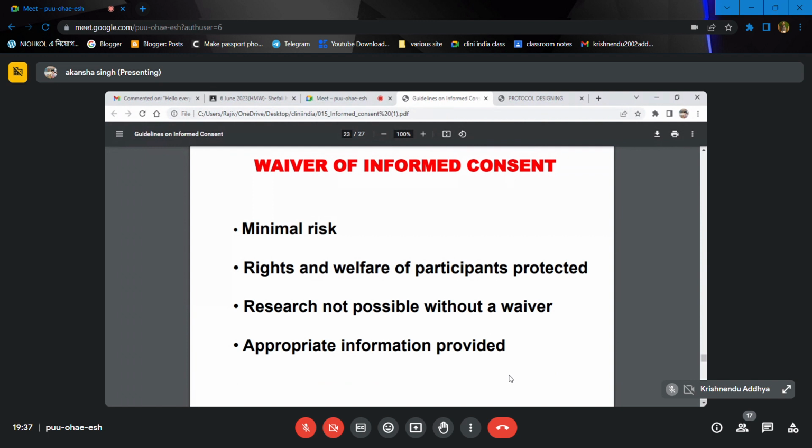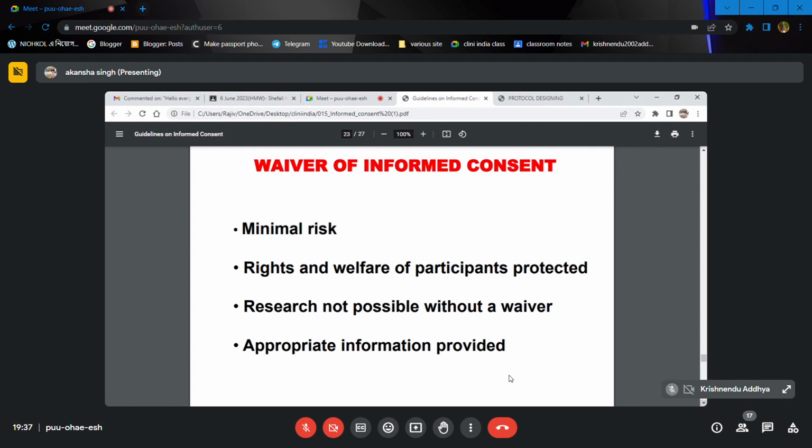The investigator will get a written certificate stating that the subject is facing a life-threatening condition, hence it is necessary to use the investigational product. Life-threatening or some chronic infection, these are emergency conditions where they can use the investigational product. Or informed consent cannot be obtained due to inability to communicate with the subject or to obtain legally effective consent from the subject, and there is no one available to give consent on his behalf.